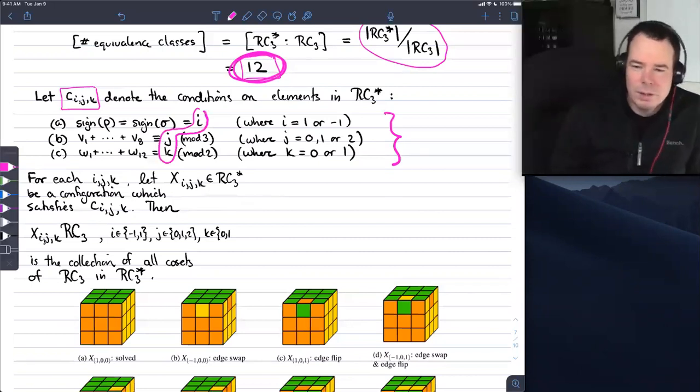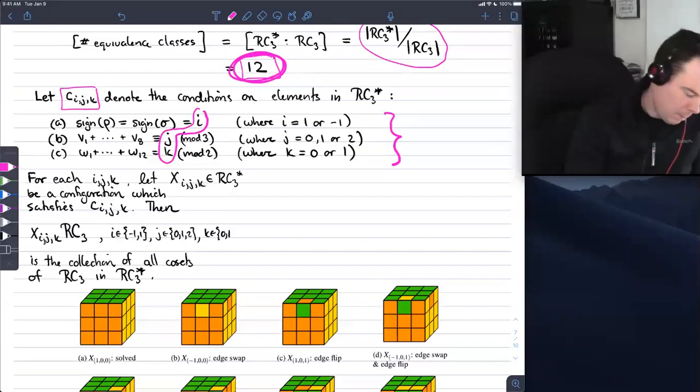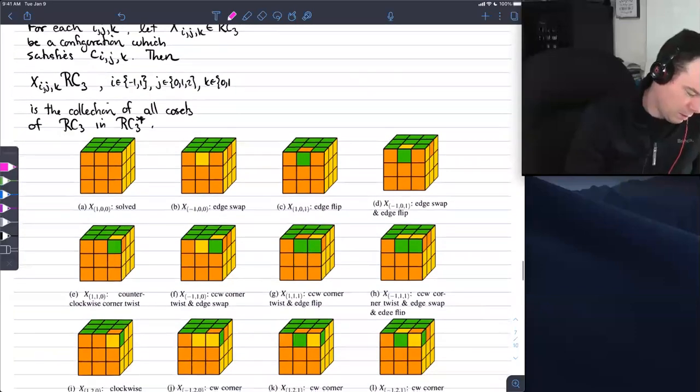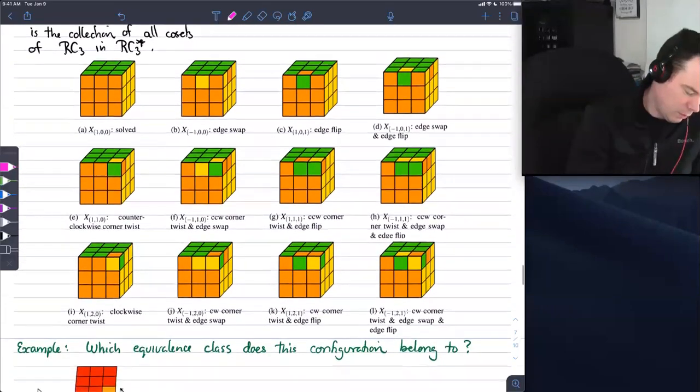For each collection of those numbers I, J, K, we're going to let Xijk be a configuration which satisfies those conditions. Those are going to be our representatives for those equivalence classes. And so here is our collection of representatives.